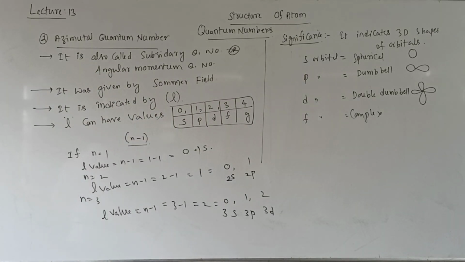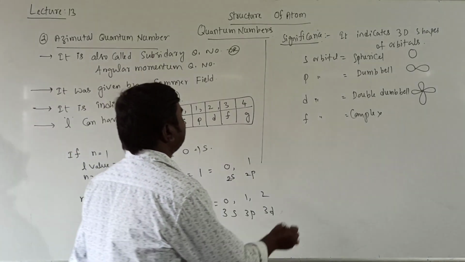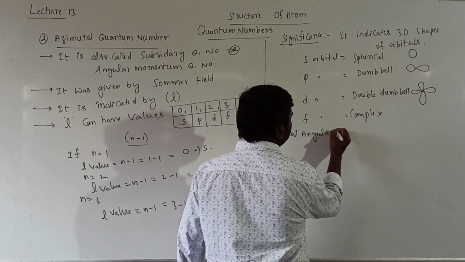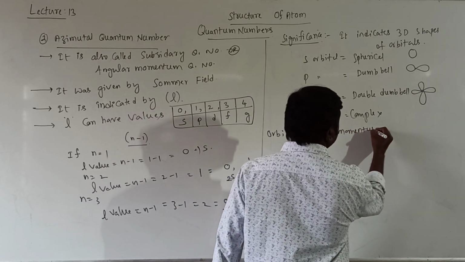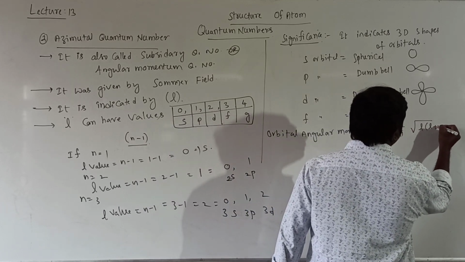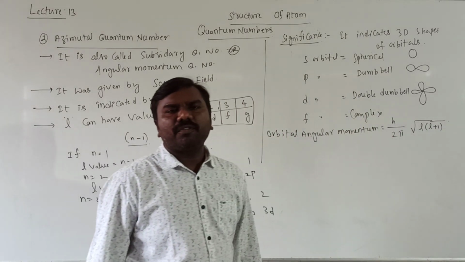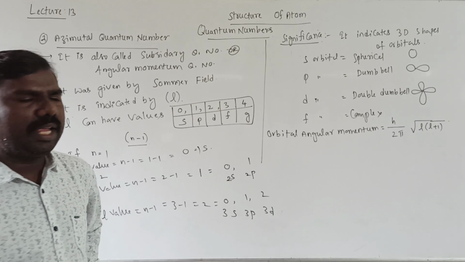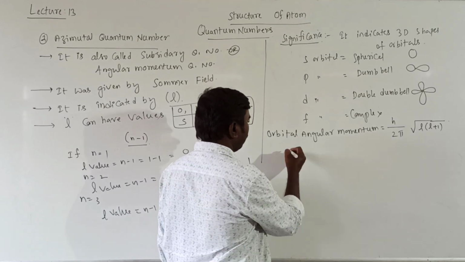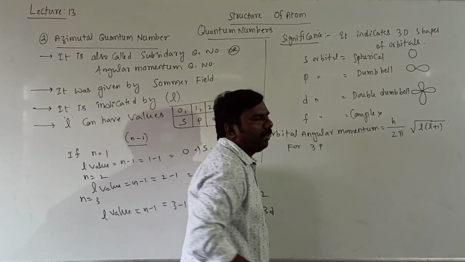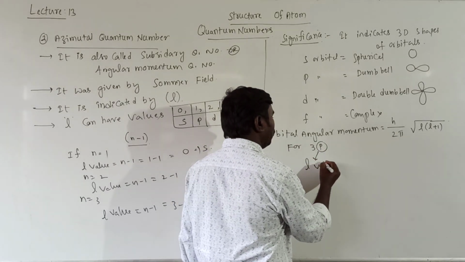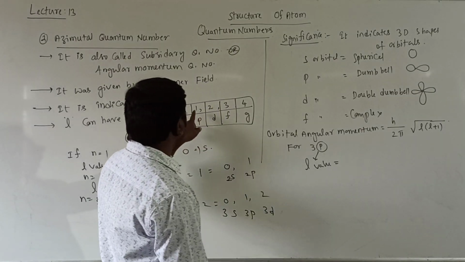A few formulas. The orbital angular momentum formula is h by 2 pi into root of l into l plus 1. It means you can find the orbital angular momentum for any electron. For example, the orbital angular momentum for 3p. 3p means p, and the l value for p is 1.